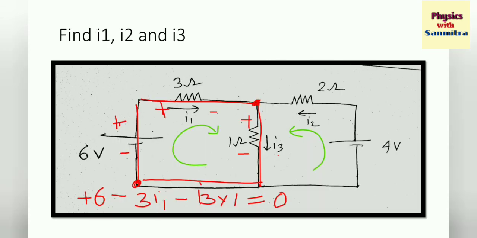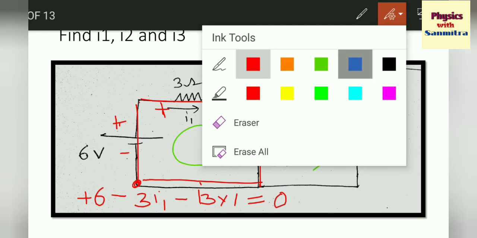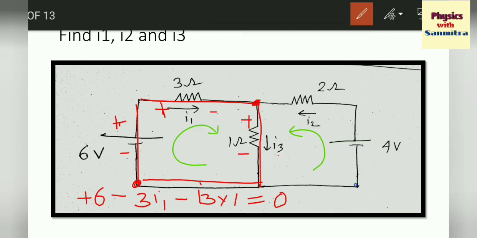Okay, now let's look at the second loop. I'm showing it in blue. Let's start from here. We are going up, so we will get plus 4.